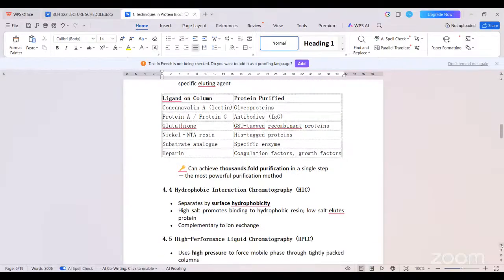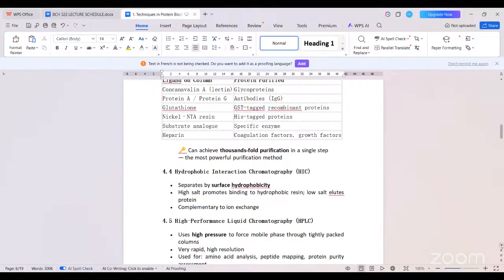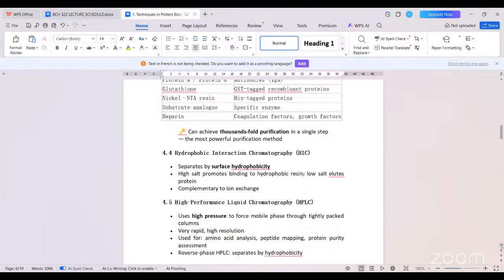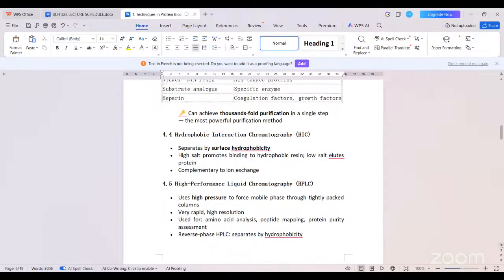The next we'll be talking about is hydrophobic interaction chromatography, which separates by surface hydrophobicity. And the next to that is HPLC, which is a modern technique. HPLC is high performance liquid chromatography, and it uses high pressure to force the mobile phase through tightly packed columns.